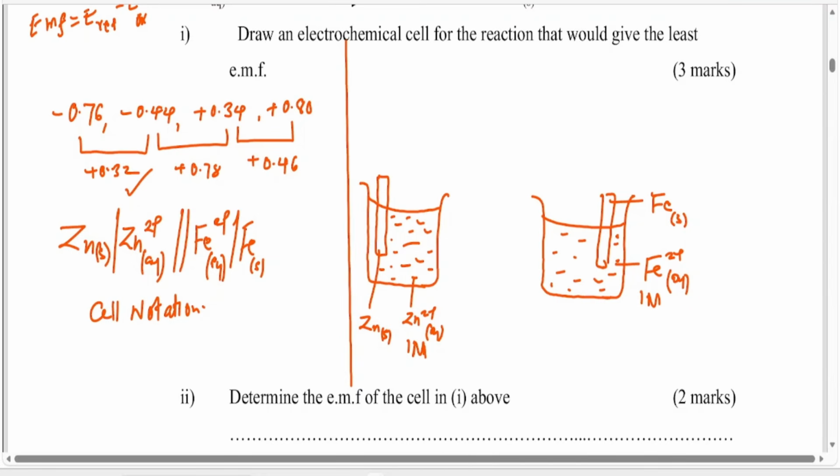Then after that, I'll connect my 2 half cells with a wire connected with a voltmeter, like this. Then I introduce a salt bridge that connects the 2 solutions to bring about the balancing of ions.